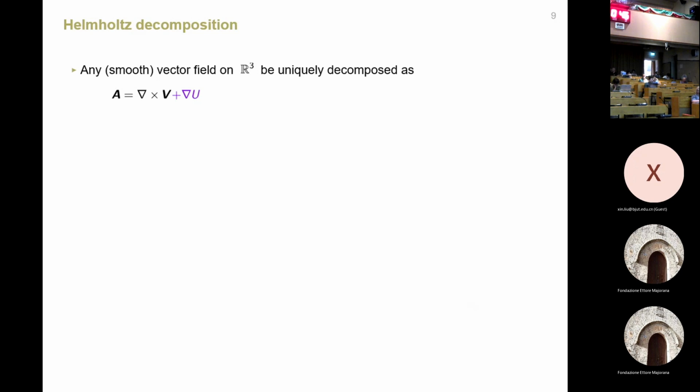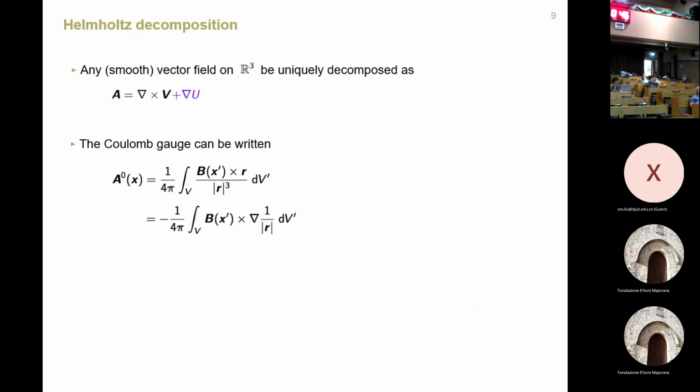It's actually also an orthogonal decomposition, though I don't think we're going to use that fact. What does this have to do with the Coulomb gauge? You can just rewrite the formula. R over R cubed is basically minus the gradient of 1 over R. Because this gradient is with respect to x, not x prime, you can take it out of the integral, and then you see that A is basically the curl of something.